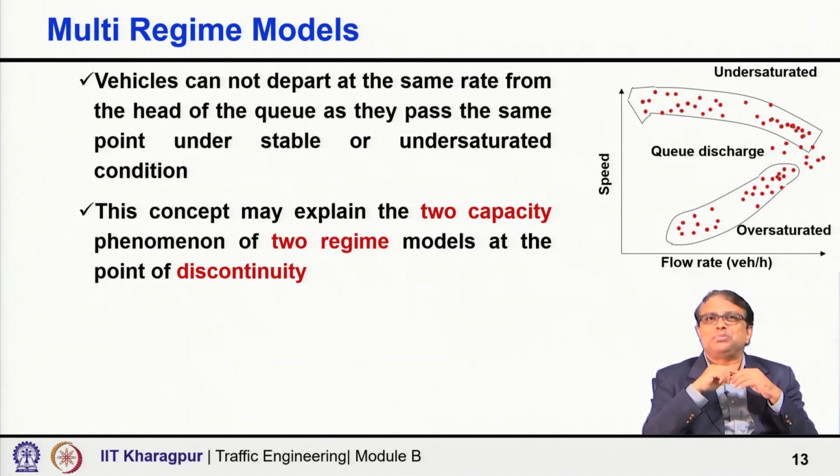And this concept may explain the two capacity phenomenon of the two regime model at the point of discontinuity or the break point, what I said earlier, why you are getting two different values.